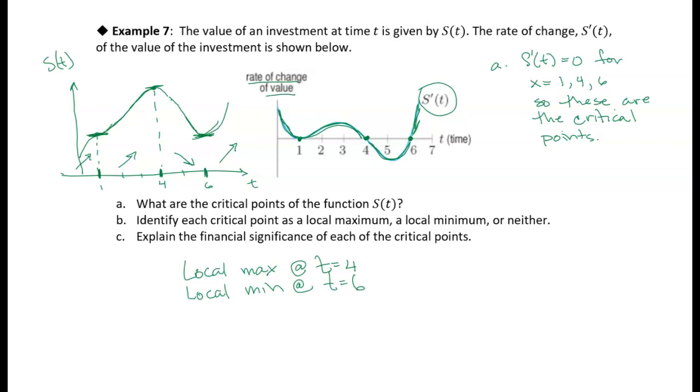And then the only other critical point is at 1.